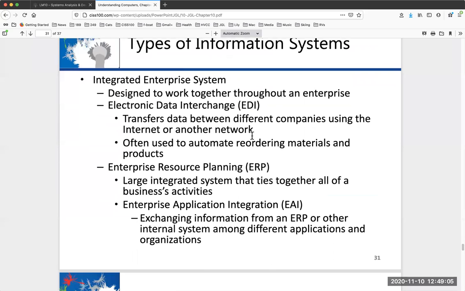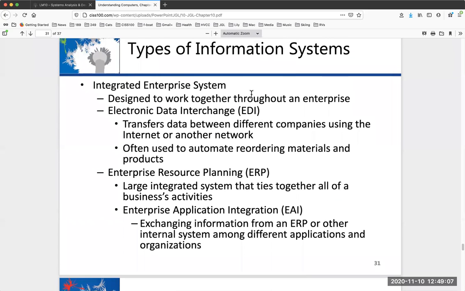Okay. I already spoke about an integrated enterprise system, the 3 levels of integration: data, infrastructure, and processes. Just as a definition, electronic data interchange is exactly that. Data is being exchanged between computerized systems, electronic systems. We first saw this, I'll use an example.